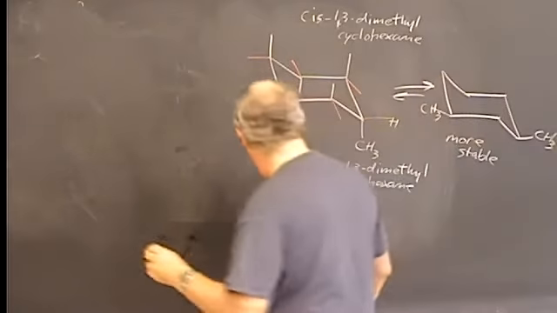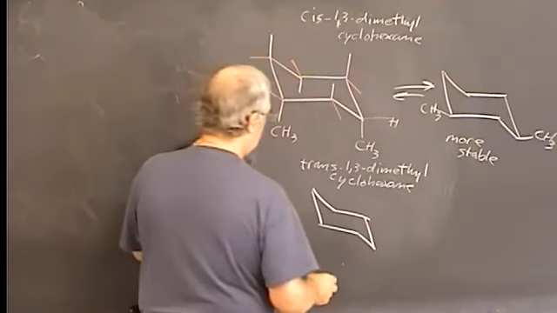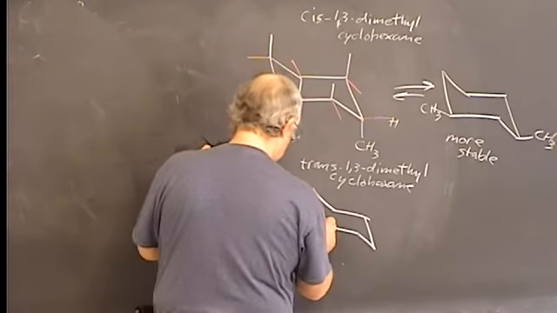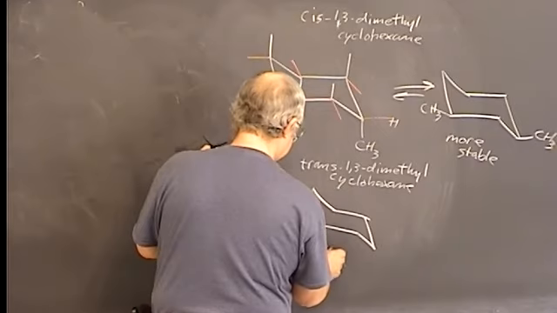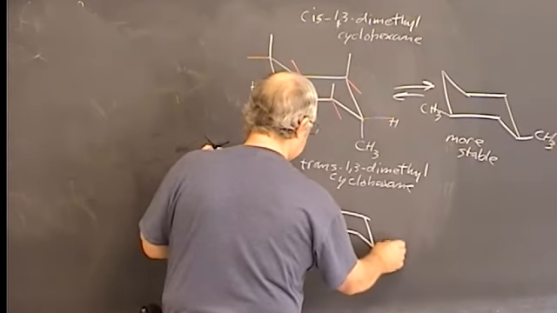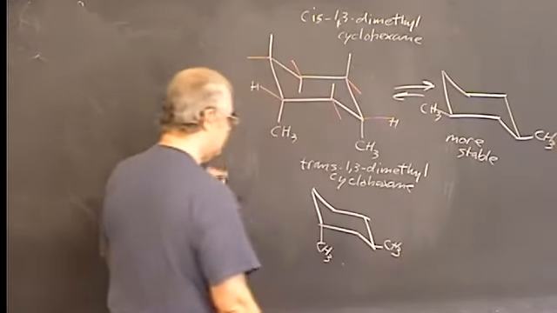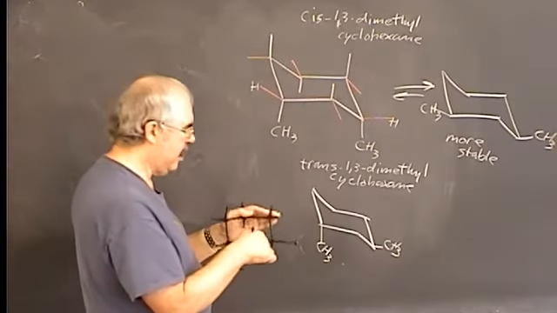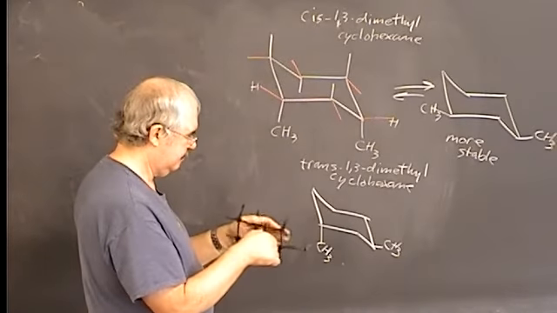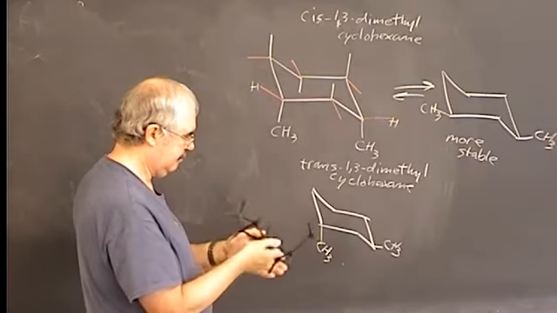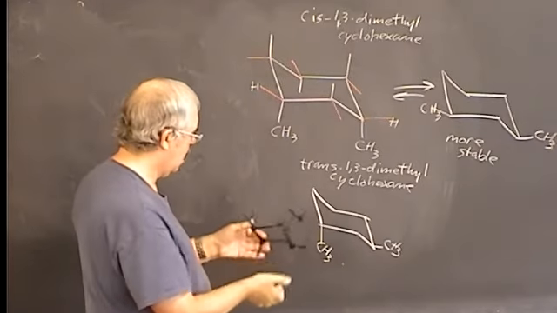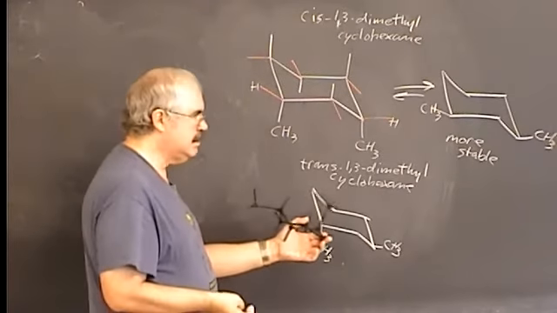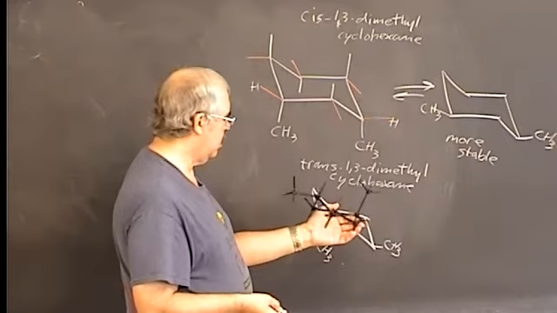Okay, so for the trans, I'm going to have one axial and one equatorial. When I do the conformational ring change, the group that was equatorial becomes axial.